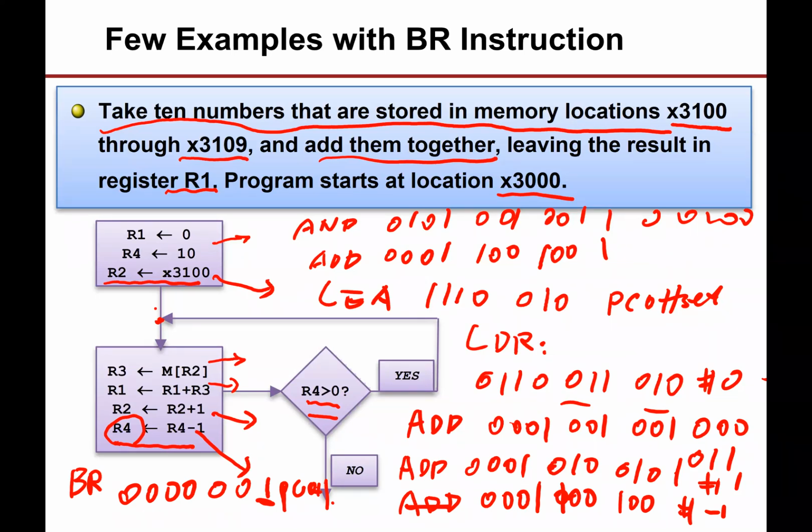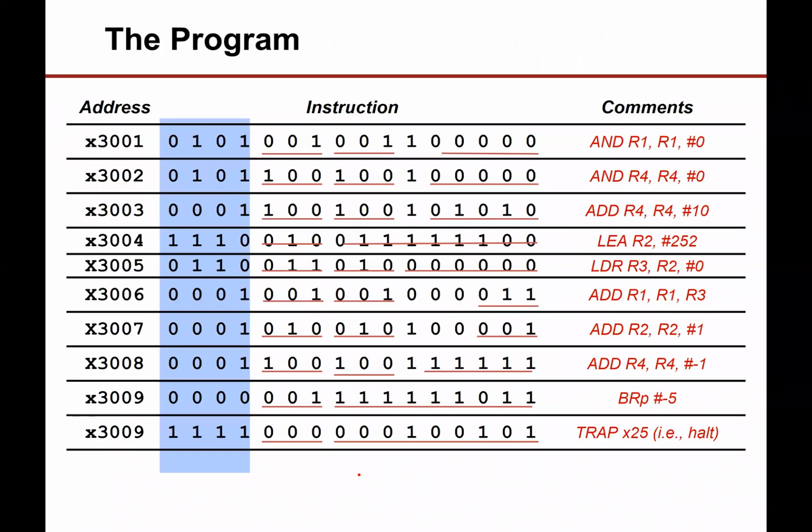If it's yes, then that is its new PC. Then based on this one, its current PC, and the PC for this one, you can calculate the PC offset. Then you find the answer. And if it's no, then it will stop the program.